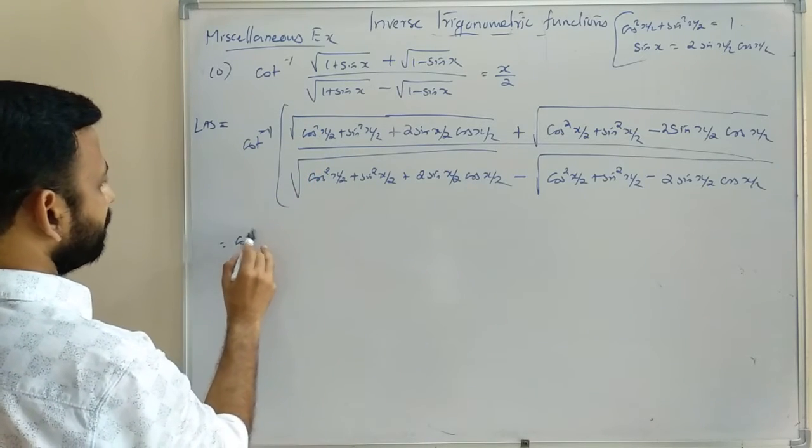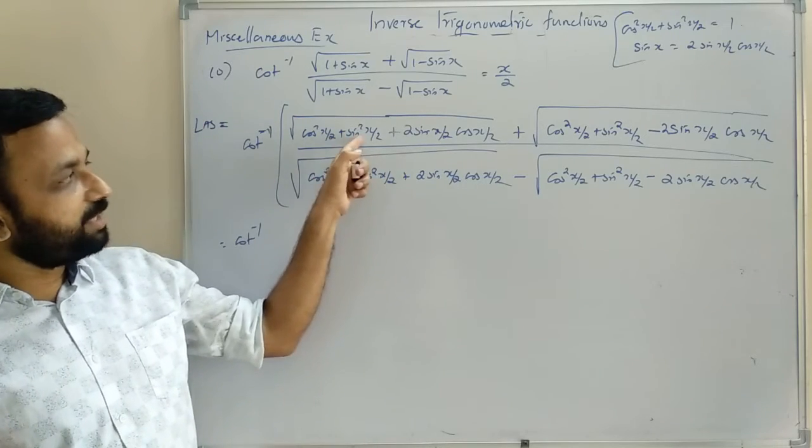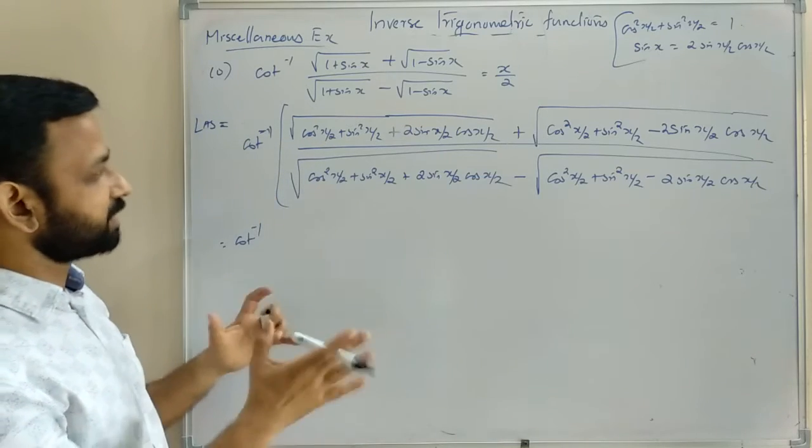That is equal to cot inverse. Here a square plus b square plus 2ab equal to a plus b whole square.